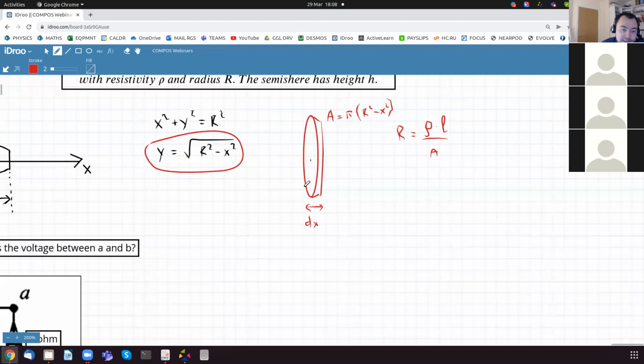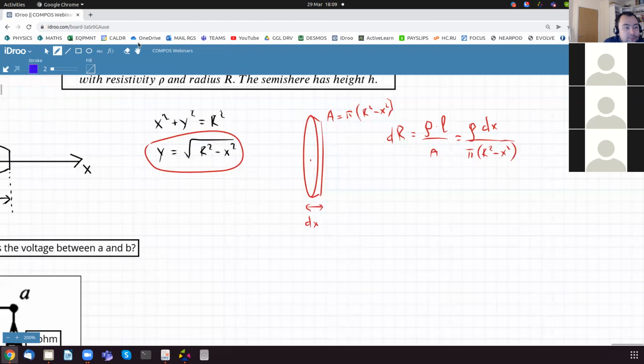And finally, we say that the resistance is not R, it's a tiny fraction. So it's going to be dR. So dR is going to be resistivity multiplied by the length, which is dx, divided by the cross-sectional area, which is pi times (r squared minus x squared).